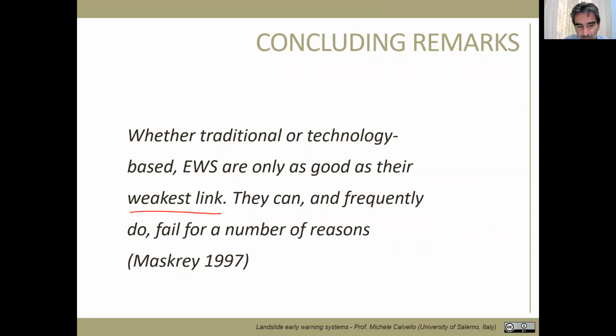And Maskrey goes on saying that they frequently fail for a number of reasons. Okay, that was 20 plus years ago. But anyway, it's important here to highlight the many components that we saw. They all work together, but there is not much redundancy in those components. If something is not working, the system is not working.